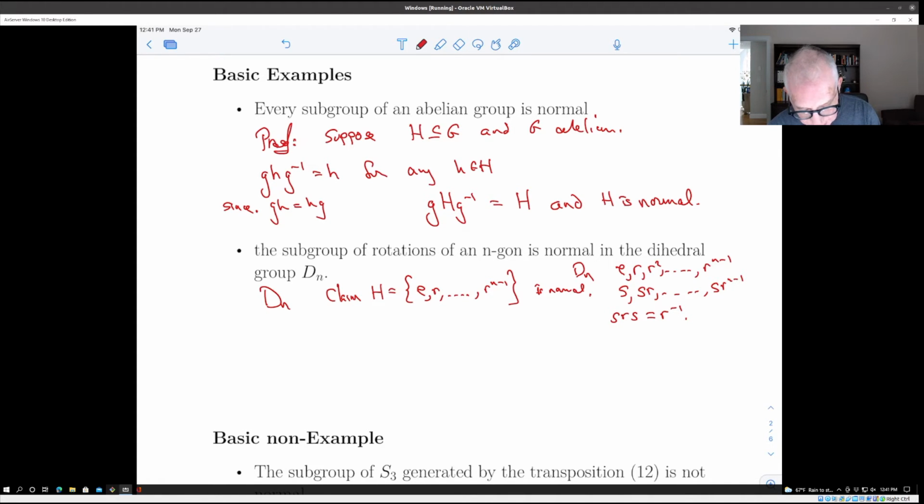To check that, we need to check, first of all, that if we take a power R to the I times H, what is that coset? Well, we multiply every element of H by R to the I, and we get R to the I, R to the I plus 1, up to R to the I plus n minus 1, but this is just H again.